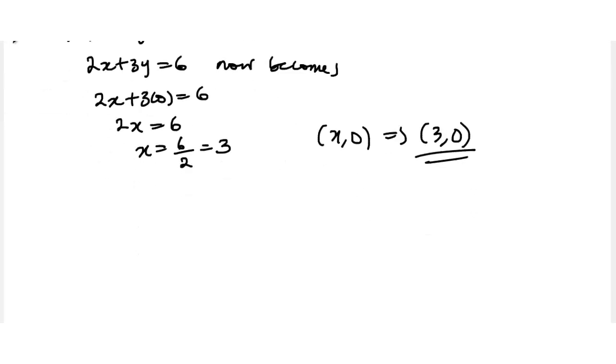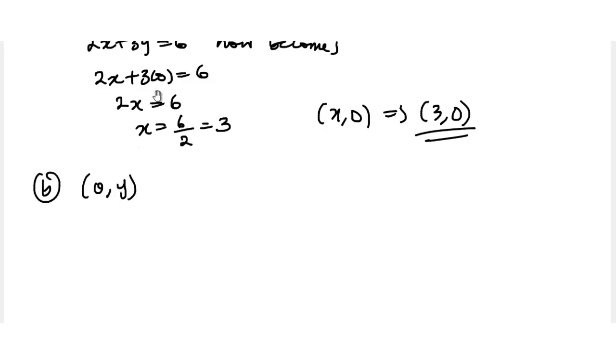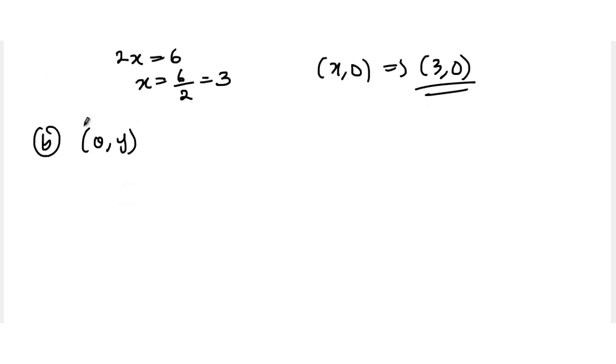For B, we are looking for (0, y). In this case, (0, y) is talking about the y-intercept, which is the value of y when x is equal to 0.